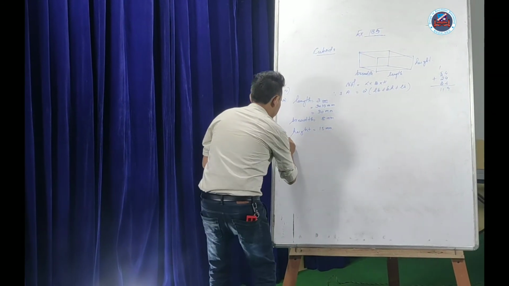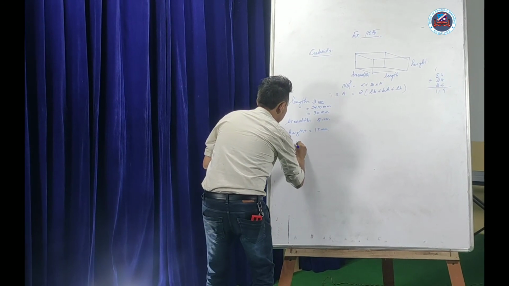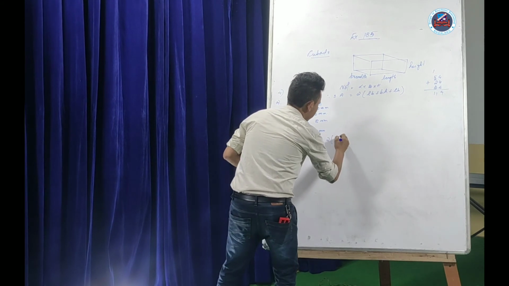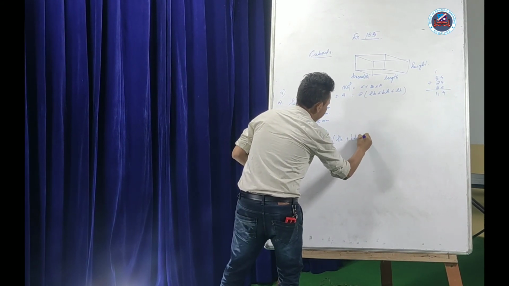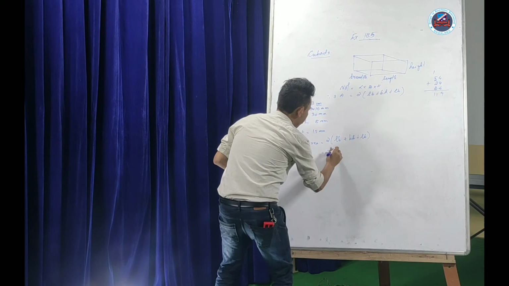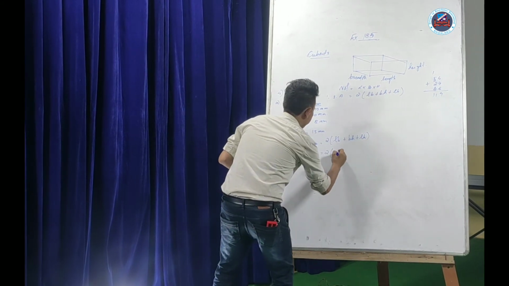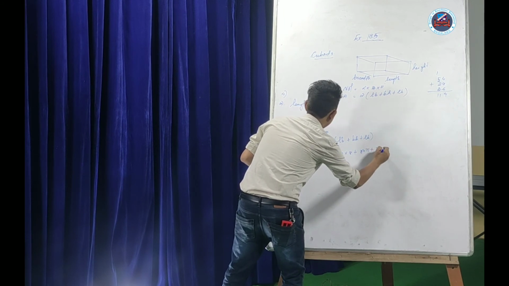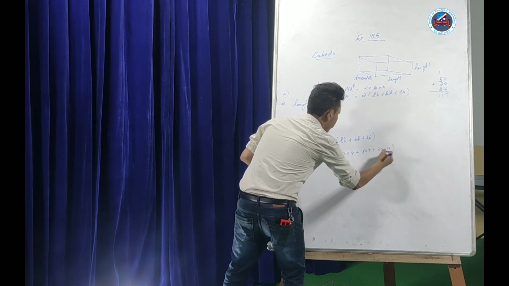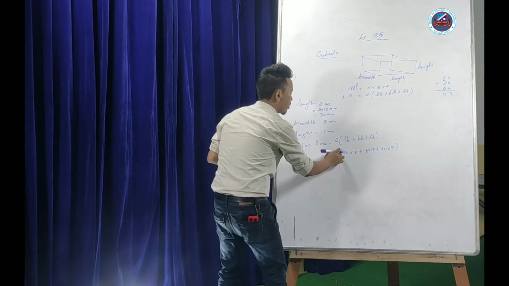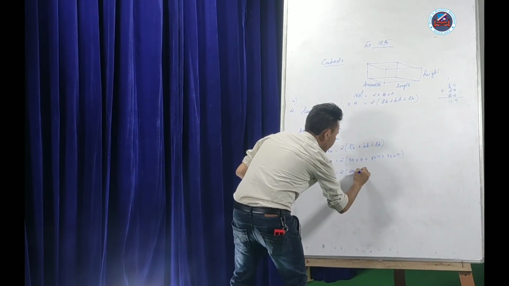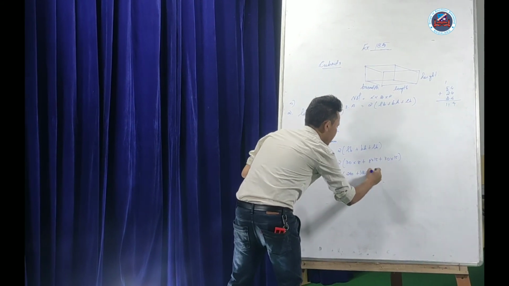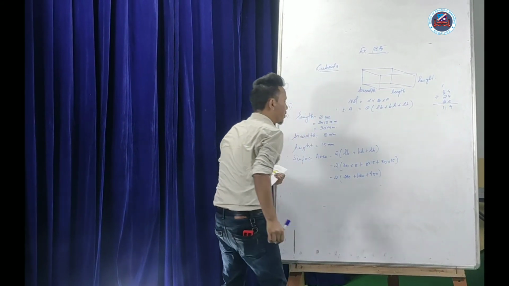Therefore, surface area will be 2 length into breadth plus breadth into height plus length into height. So 30 into 8 plus 8 into 15 plus 30 into 15. We get 240 plus 120 plus 450.